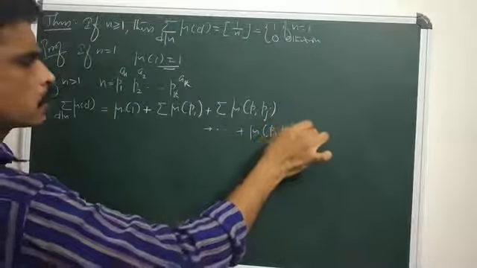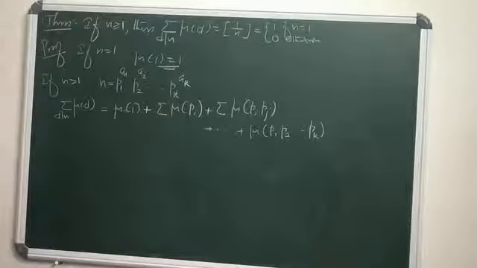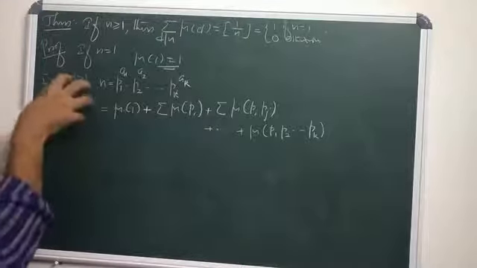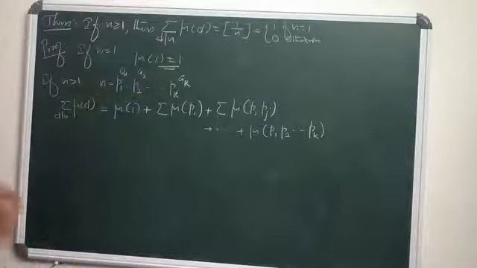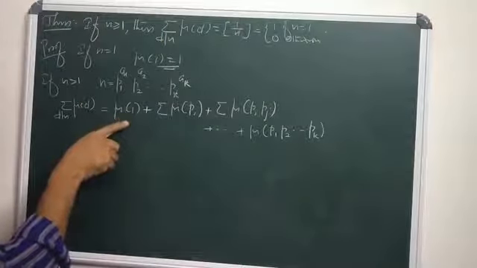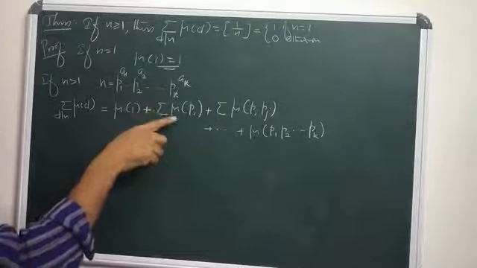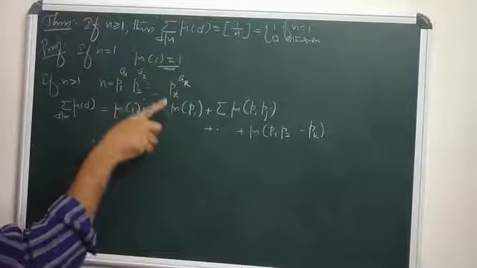Suppose it is the product of k distinct primes, so it is mu of p1, p2, etc., pk. The non-zero terms in the sum come only when d equals 1 and the divisors of n which are distinct prime factors. When d is 1, it is mu of 1. When d is p1, it is mu of p1. When d is p2, it is mu of p2. When d is p3, mu of p3.